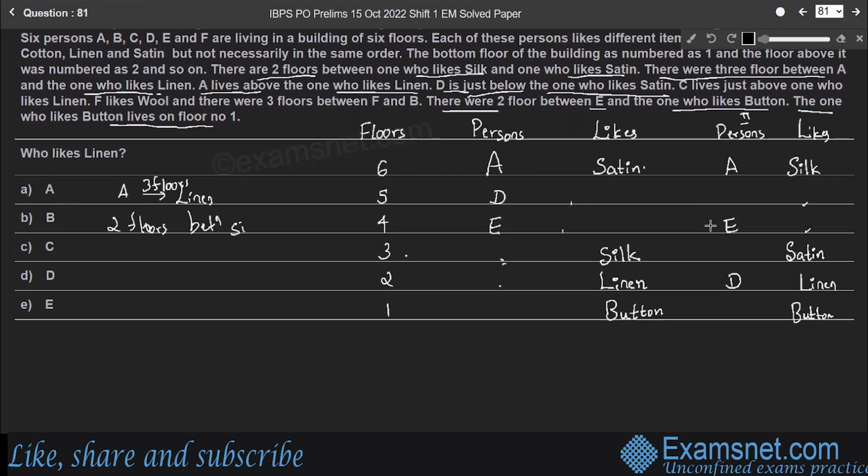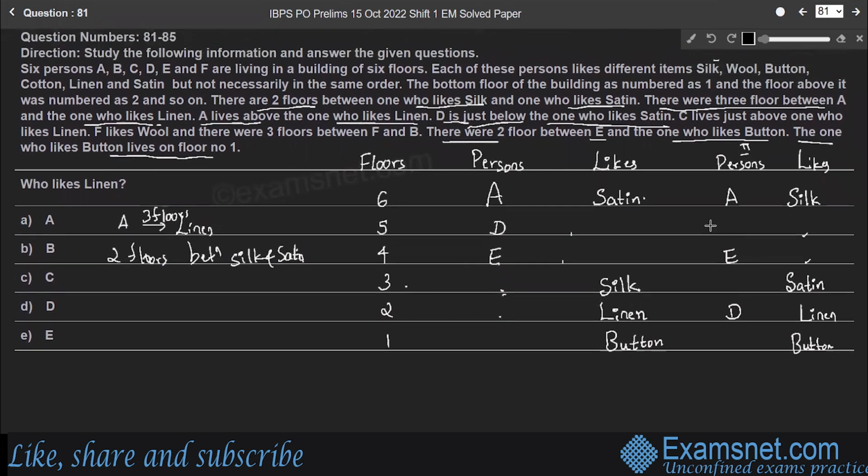The next point is C lives just above the one who likes linen. So in the first case, C lives on the 3rd floor, just above the one who likes linen. In the second case, C again lives on the 3rd floor.